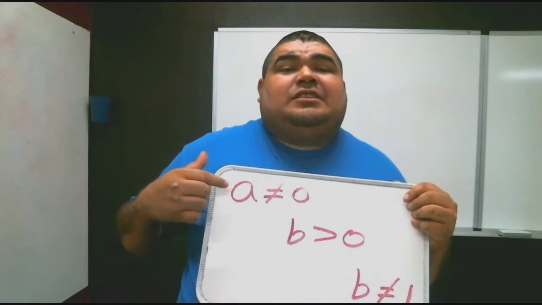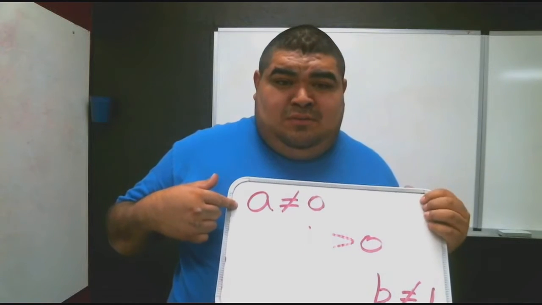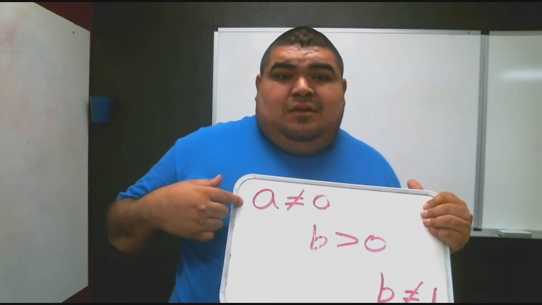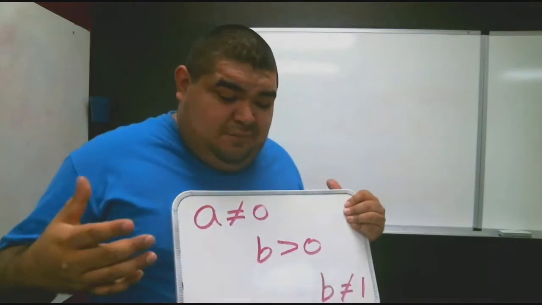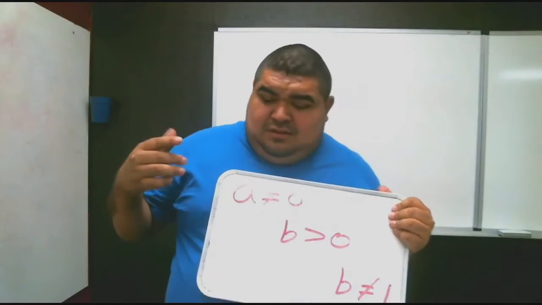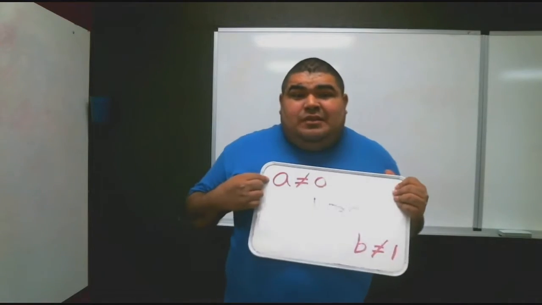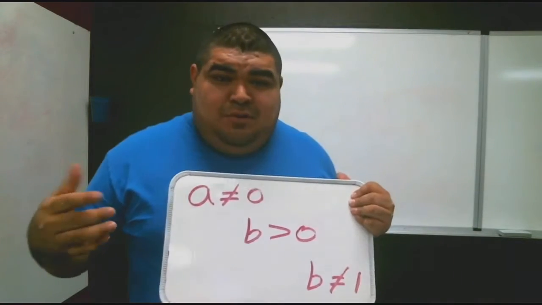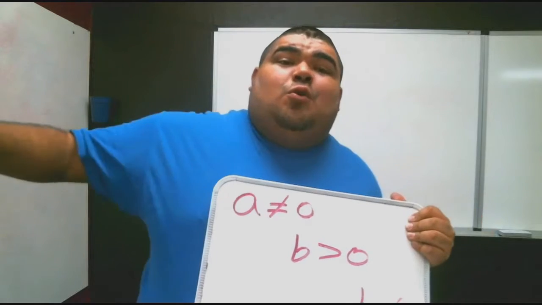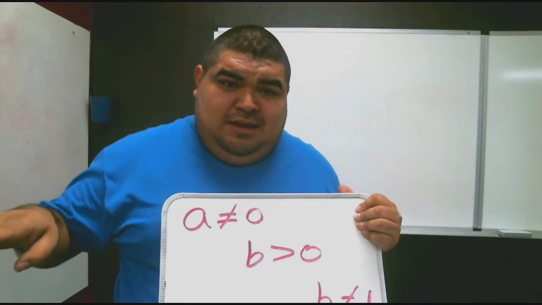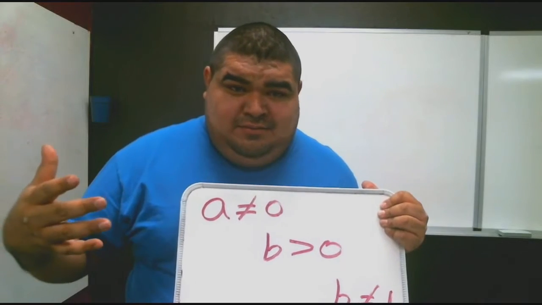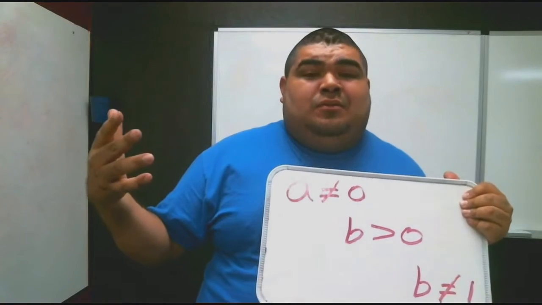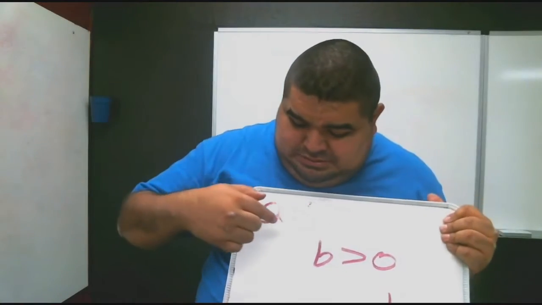It has to be bigger than 0. If it's 0, it's not a function. If it's smaller than 0, meaning a negative number, then it's just a horizontal line. It has no growth, no decay.